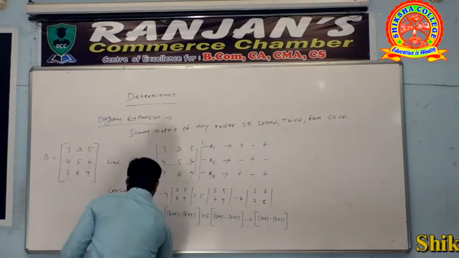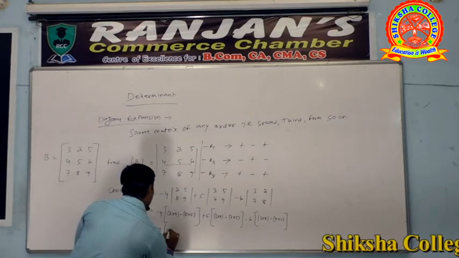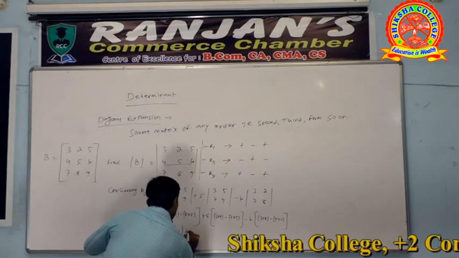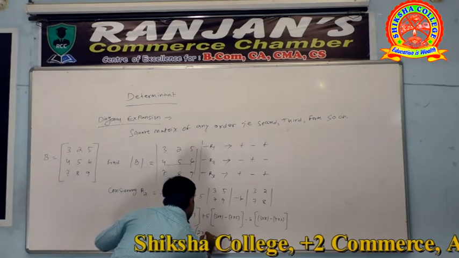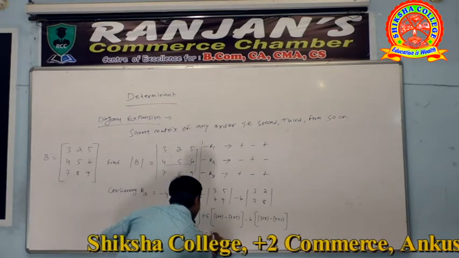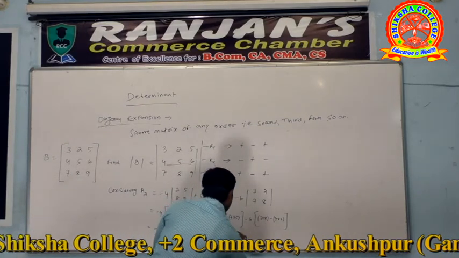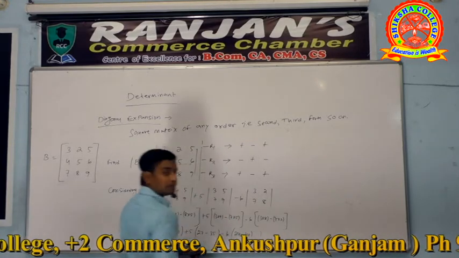Clear students? Now minus 4 into 9 2s are 18 minus 8 5s are 40, plus 5 into 9 3s are 27 minus 7 5s are 35. Now minus 6 into 8 3s are 24 minus 7 2s are 14.